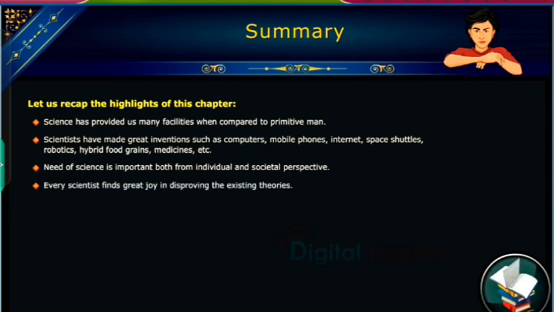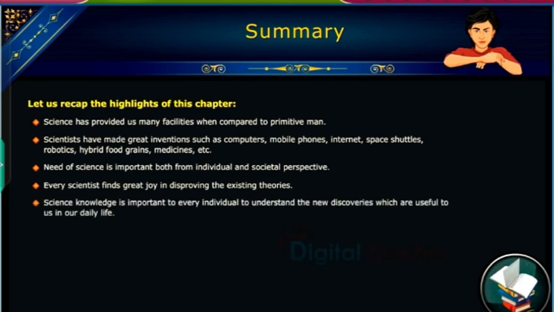Every scientist finds great joy in disproving the existing theories. Science knowledge is important to every individual to understand the new discoveries which are useful to us in our daily life.